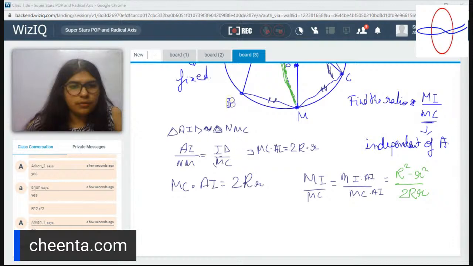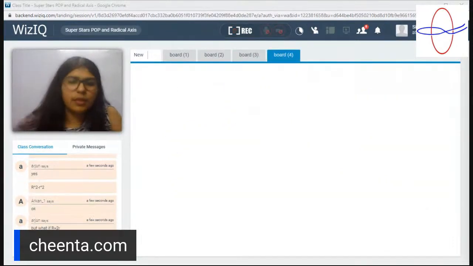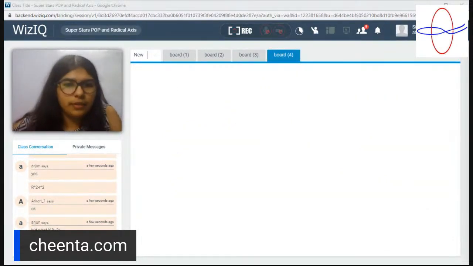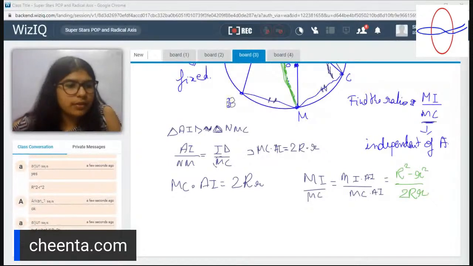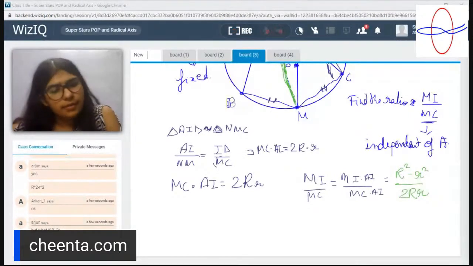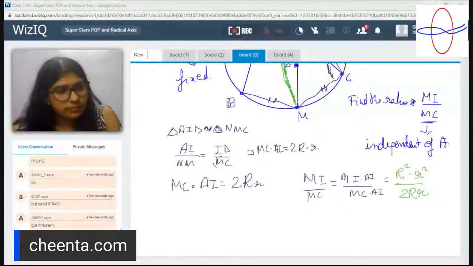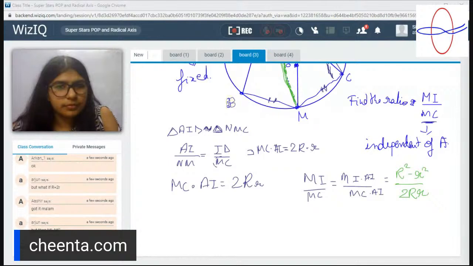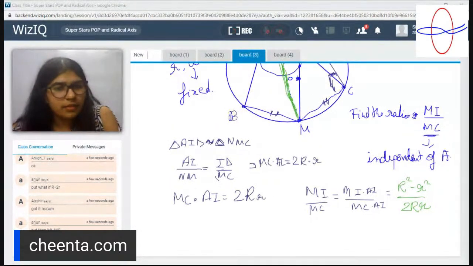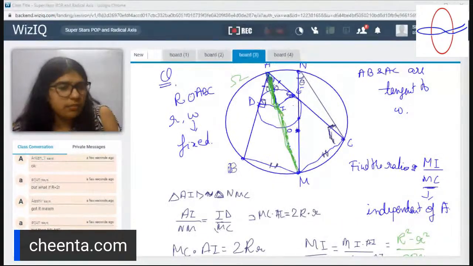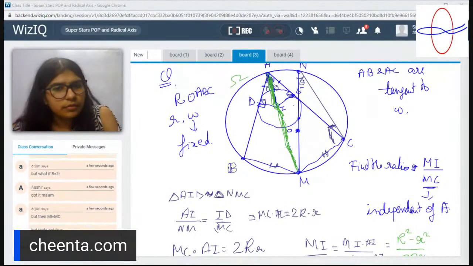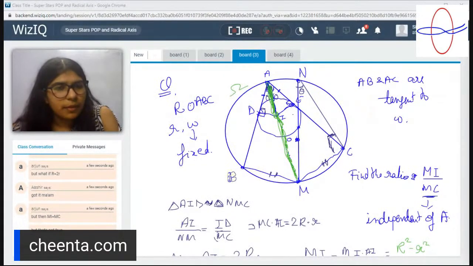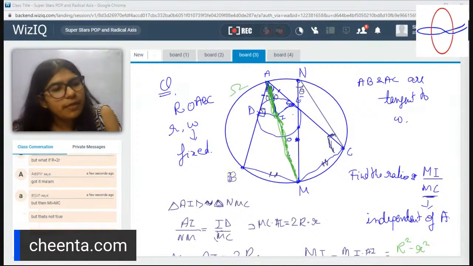Yes, so one more problem on power of a point. How does that really make a difference? That's a very specific case, right? And it won't differ anything, because you're talking about a very specific case.